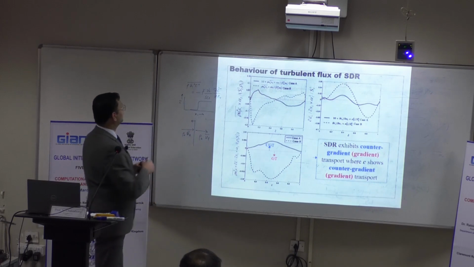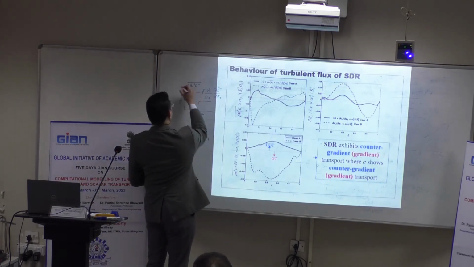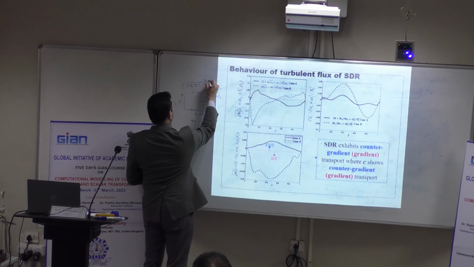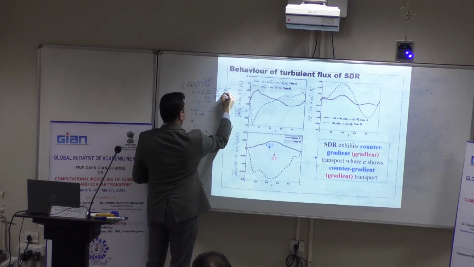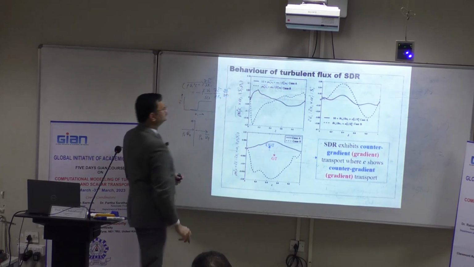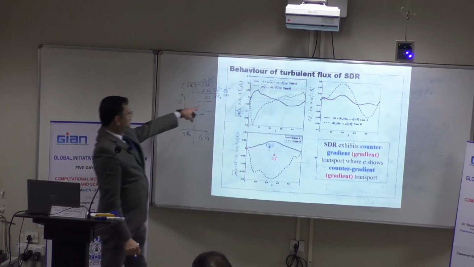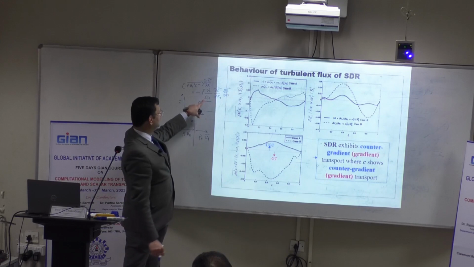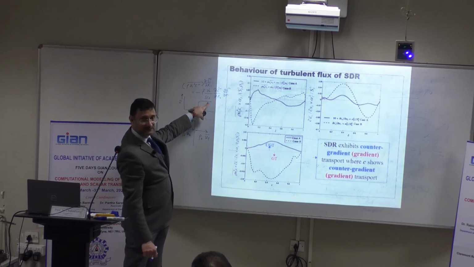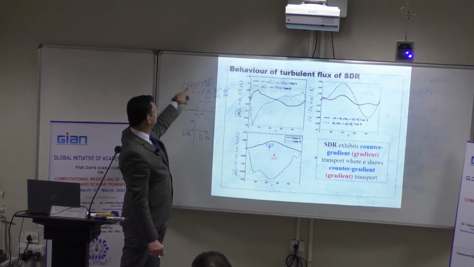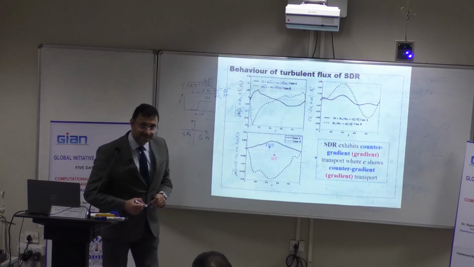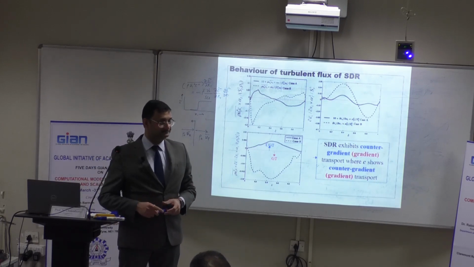From where it comes, if I now multiply that with del C tilde del x, this will be positive, this will be positive, these terms are positive. So if it is a gradient type of transport, this product will always be negative. Clear?